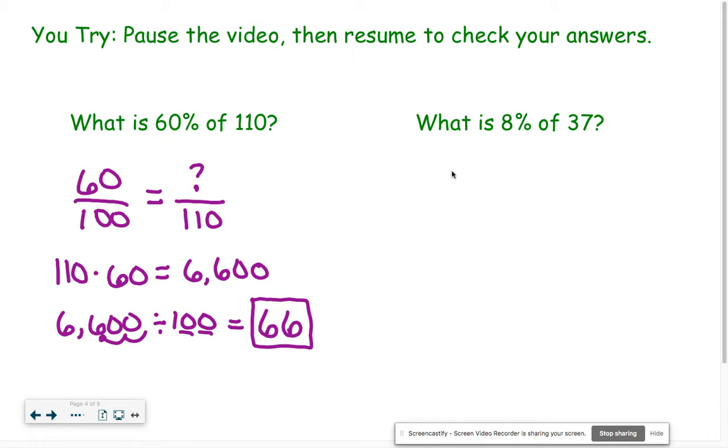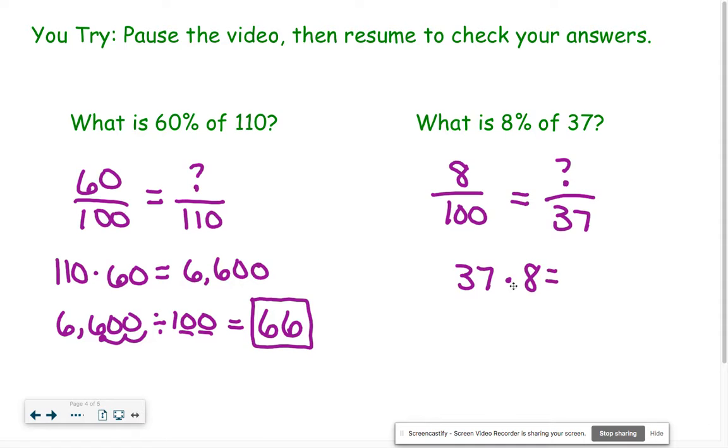On the next side, if we have 8% out of the 100 compared to, we have of 37. Of is on the bottom. So that means we're missing our is, the top. What is? So again, we're going to cross multiply. That will be 37 times 8. 37 times 8 is 296.